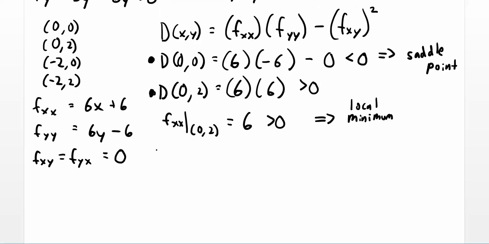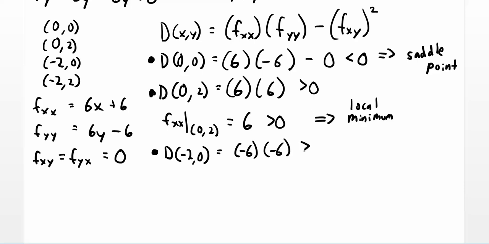Two more. Discriminant at negative 2, 0. Now we're plugging in negative 2 for x here, and we're going to get negative 6. Plugging in 0 for y, get negative 6.